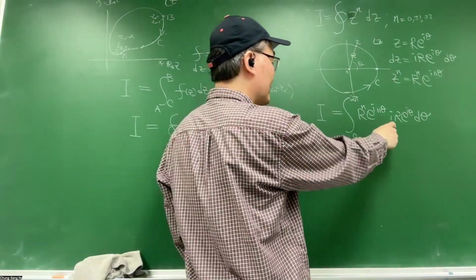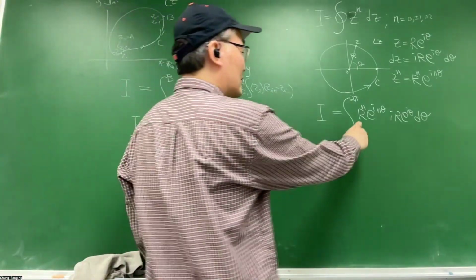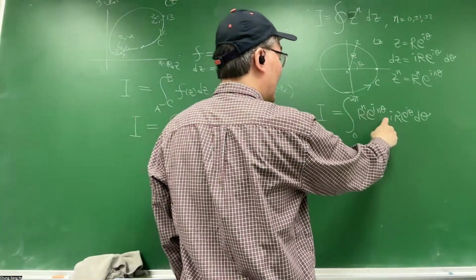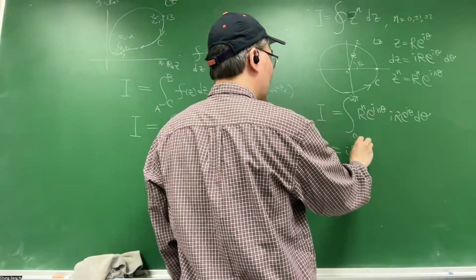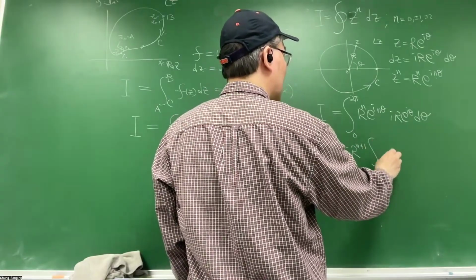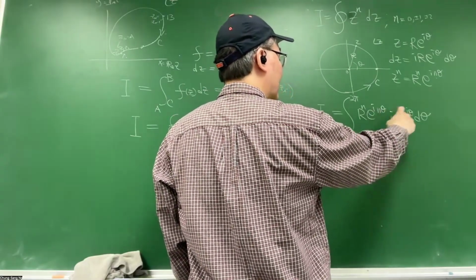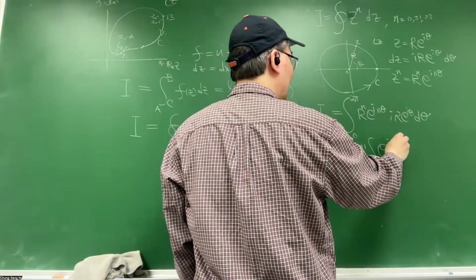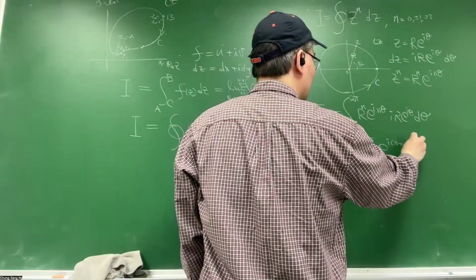You know how to do this integral. So first you take out all the constants. You have i, you have R to the power n plus 1, and then integrate e to the i n theta times e to the i theta, which is e to the i n plus 1 theta.